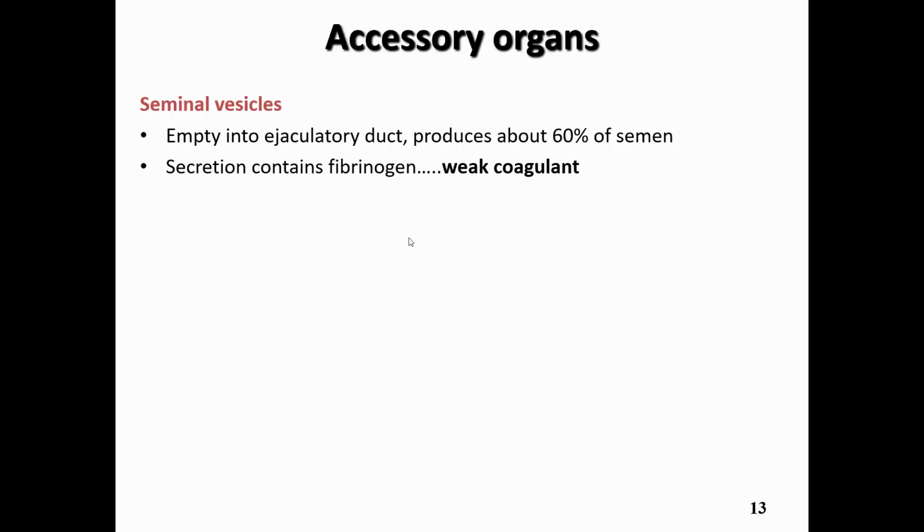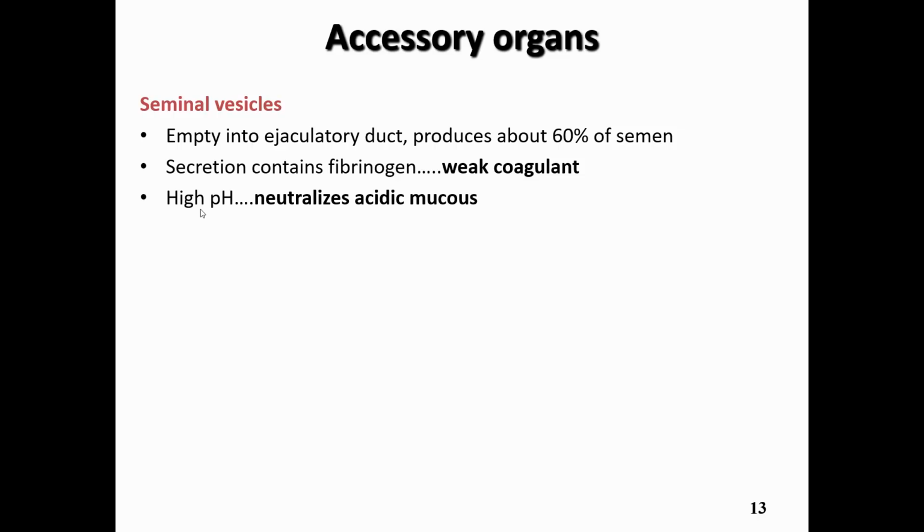So some additional details on the accessory organs include the first organ, called the seminal vesicle. The seminal vesicle produces about 60% of the semen in the male species. It will secrete a molecule called fibrinogen, which is a weak coagulant, so it will tend to provide some thickening of the semen. The secretions are a high pH, which means it's more alkaline.